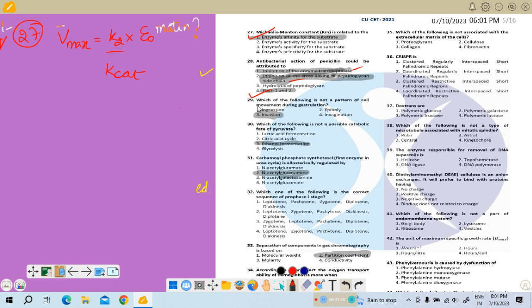Which of the 29th, which of the following is not a pattern of cell movement during gastrulation? Ingression, epiboly, invasion, invagination.